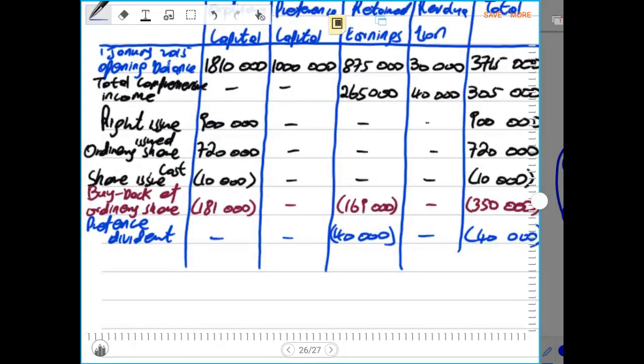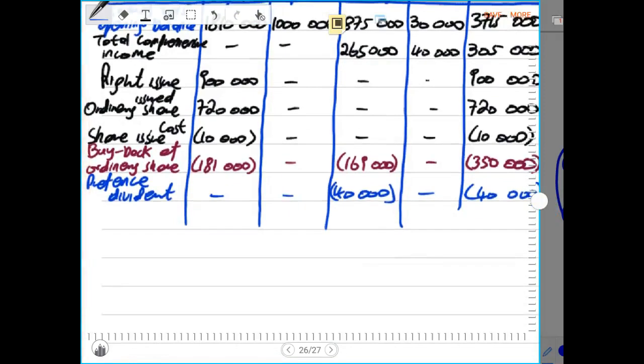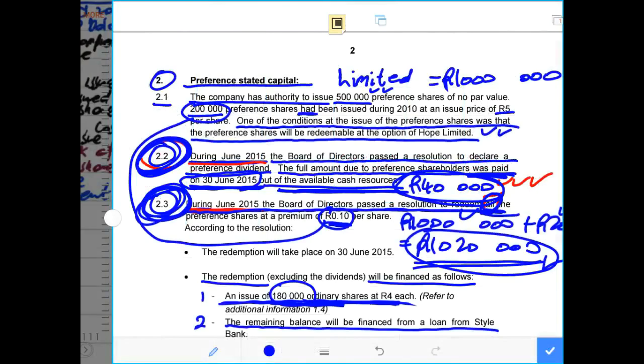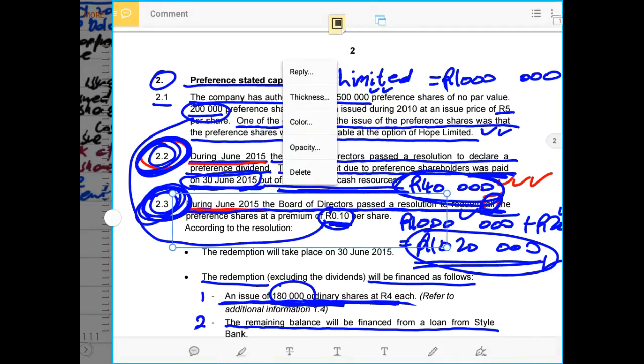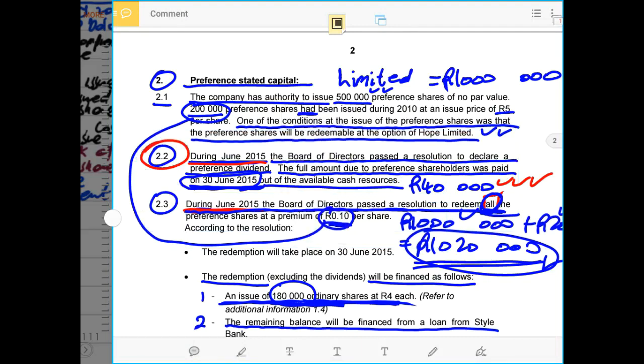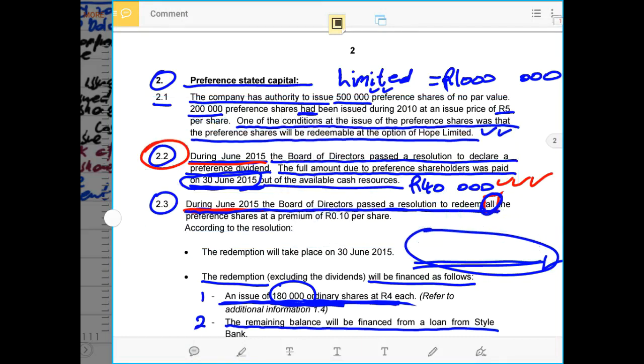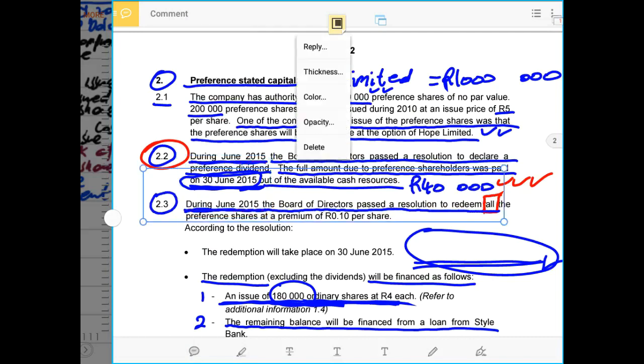Then we have to check for the redemption. There was a redemption of preferences, which I think is supposed to be the last one. The redemption of preferences is under 2.3. Just to clear my page so that we are not cluttered with so many writings.